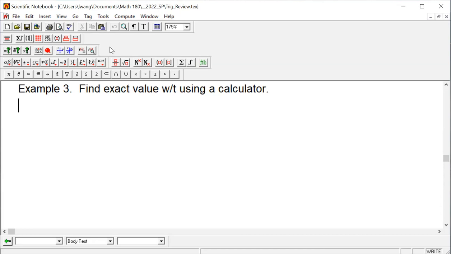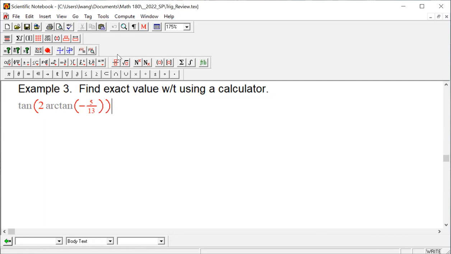This question says tan of 2 times arctan of negative 5 over 13.